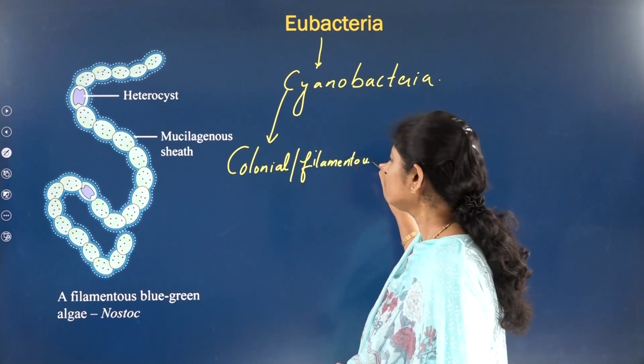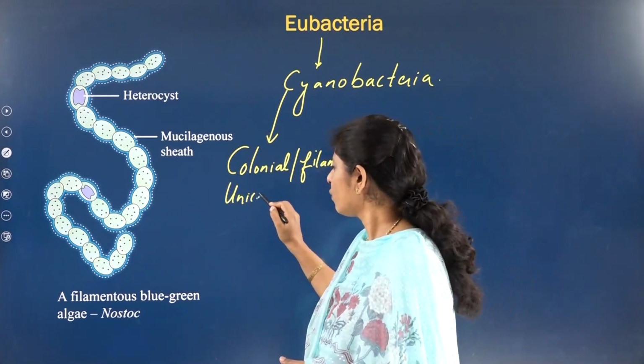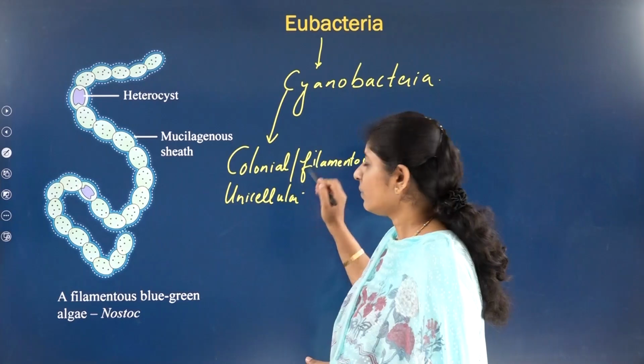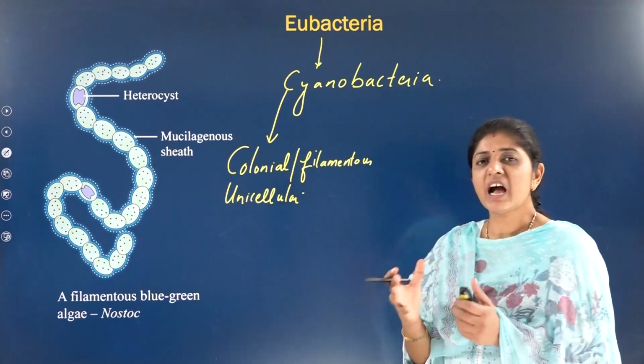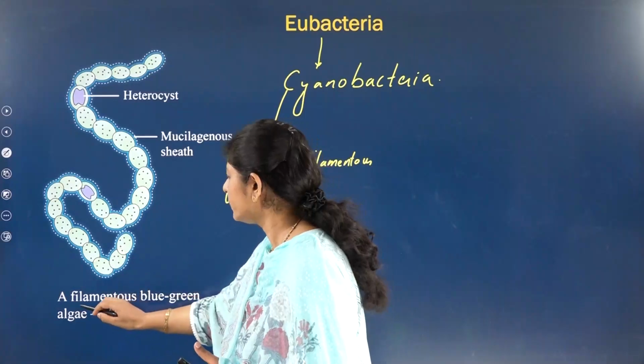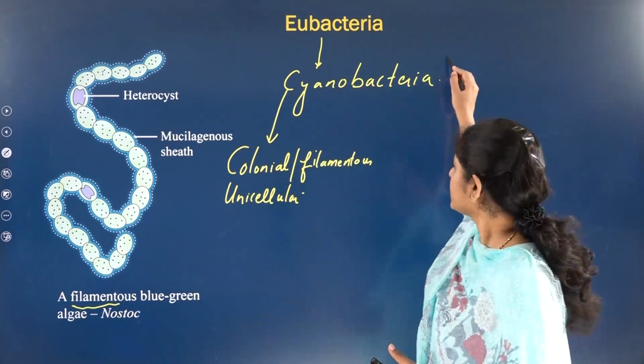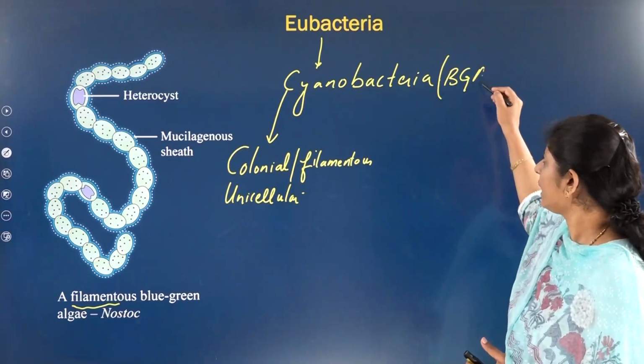But if I want to stretch this topic more, can I say it can be in unicellular form as well? Right? So this is how they exist. Just now it showed you this filamentous form of Cyanobacteria, which you even call a blue-green alga.